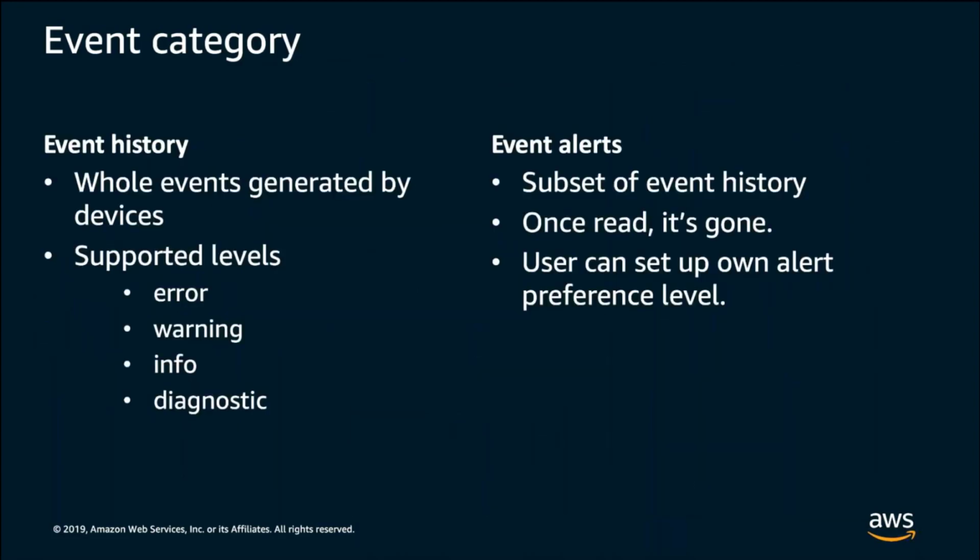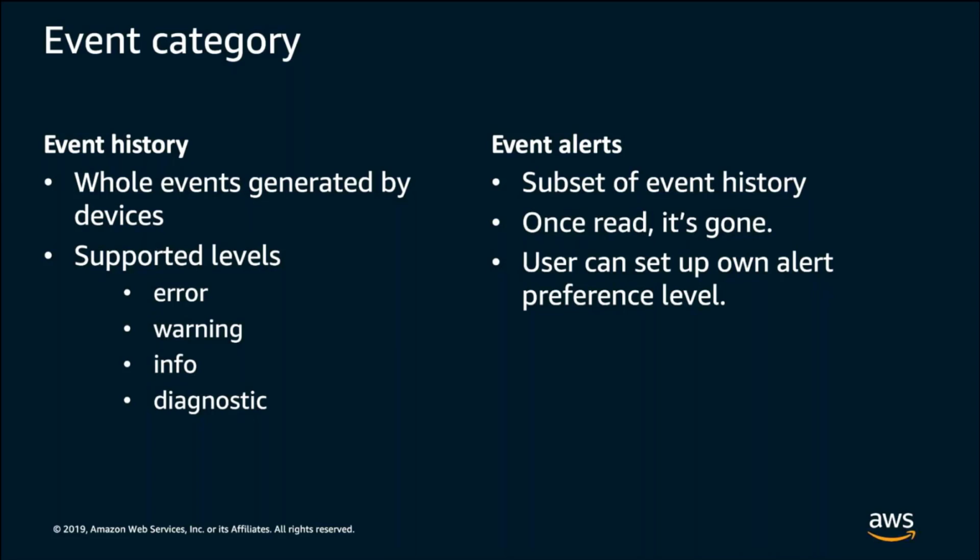There are two event categories in the Smart Product solution. One is event history, and the other one is event alerts. Event history is for the whole historical events generated by all registered devices. The solution supports error, warning, info, and diagnostic level events, but users can customize the event level.